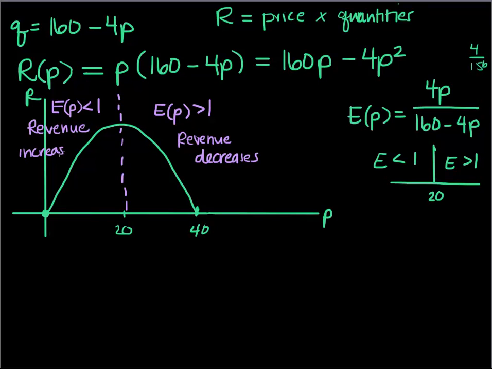If it's inelastic, then as I'm increasing my price, my change in quantity isn't very large, so it makes sense that my revenue increases. Over here, my revenue would decrease because if I'm elastic, then a large change in price results in a large change in quantity demanded, and my quantity is going to go down. I hope this makes sense.